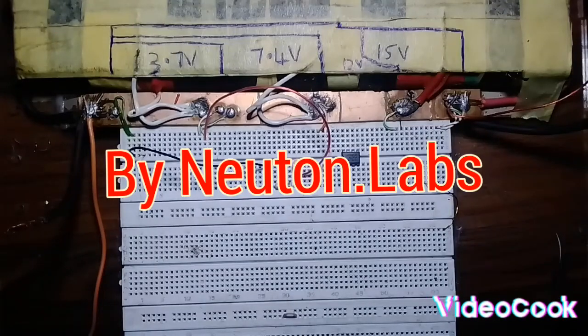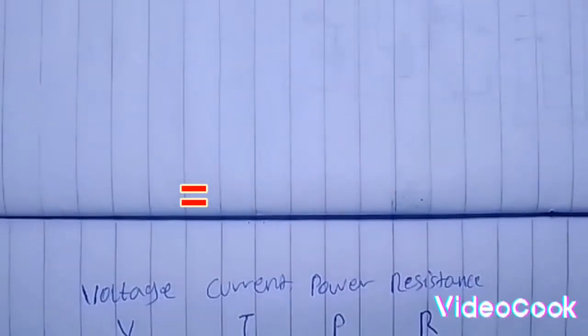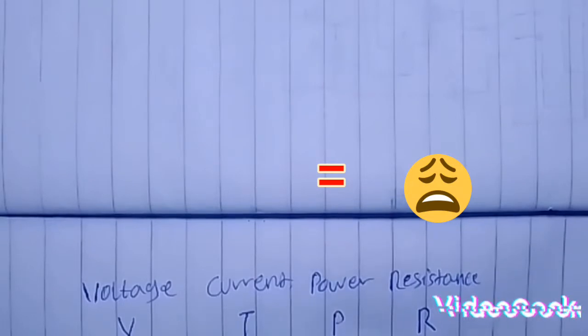Okay, good morning guys. Today we are going to be looking at the practical relationship between voltage, current and resistance. Now Ohm's law states that an increase in voltage equals an increase in current and a decrease in resistance.